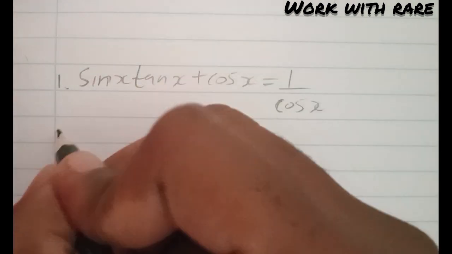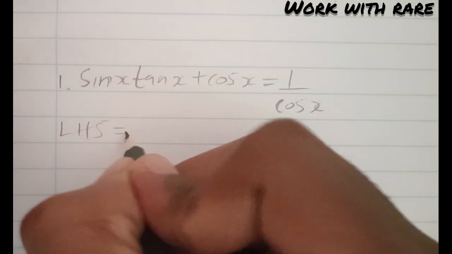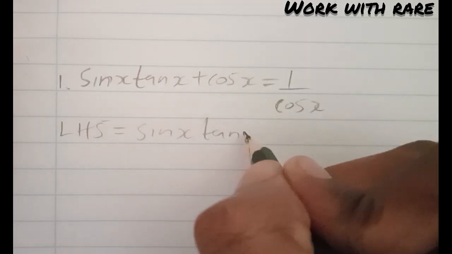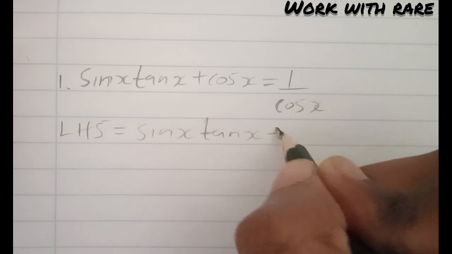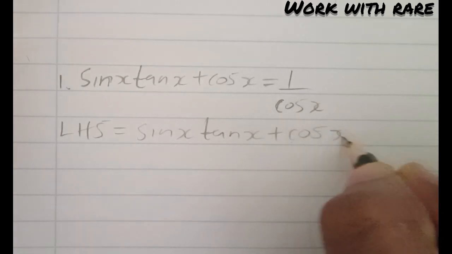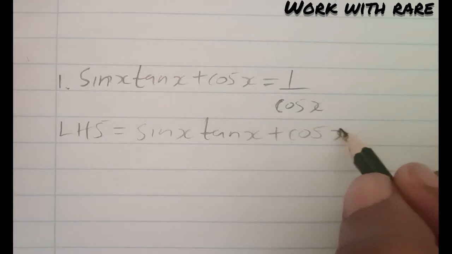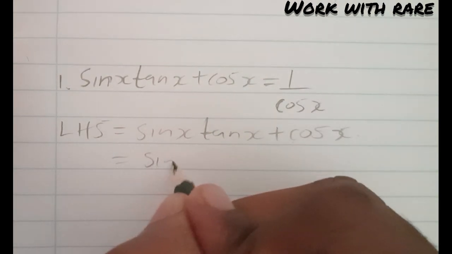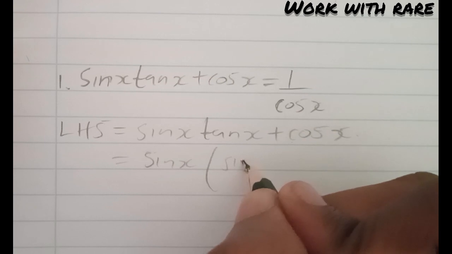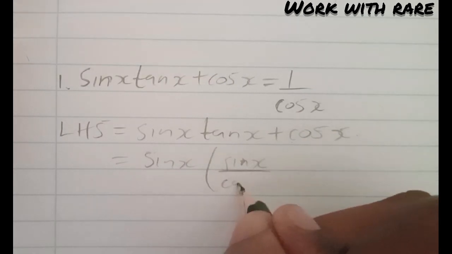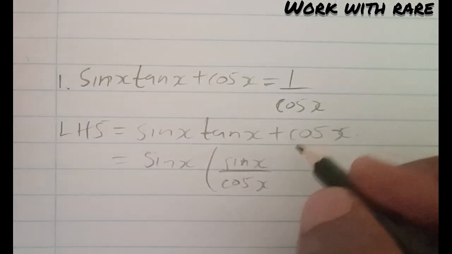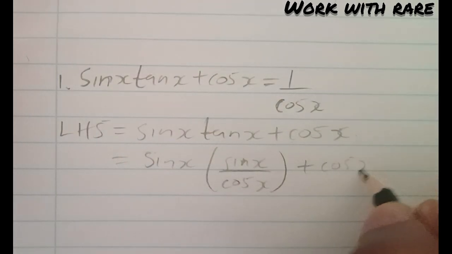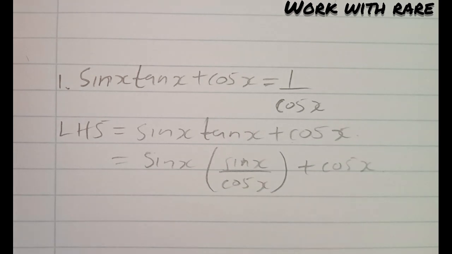So I'll say my left hand side is equal to sine x tan x plus cos x. Like I said, where I see tan, I'll have to break it down like this, plus cos x.